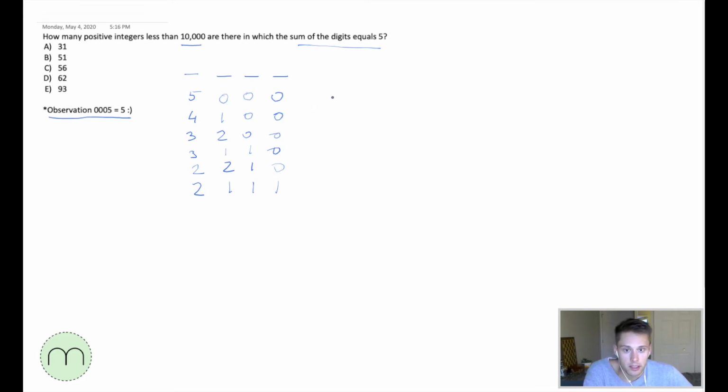So then the question becomes: how many different four-digit combinations can we write with 5 and 3 zeros? And I think this triggers a slightly longer discussion. In any case, if we have four unique letters, A, B, C, D, how many different combinations are there?